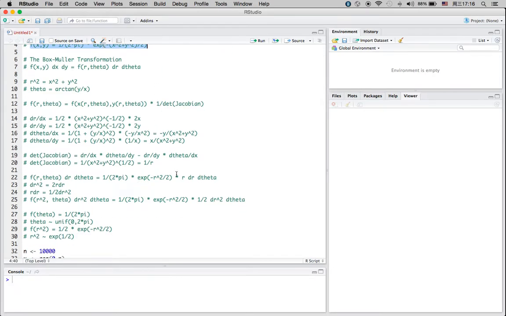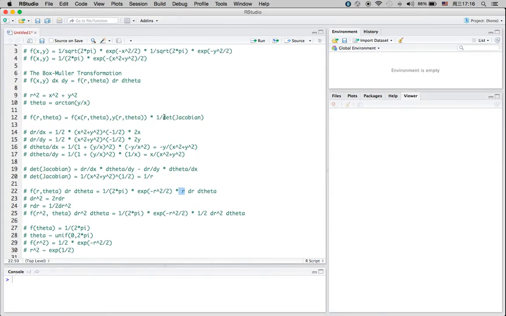And now we make sure we put the Jacobian here. Our Jacobian is 1 over r, and then we multiply by 1 over the determinant of the Jacobian, which is just r. So we plug that in, and then we get our target distribution multiplied by the Jacobian, and then dr d theta.